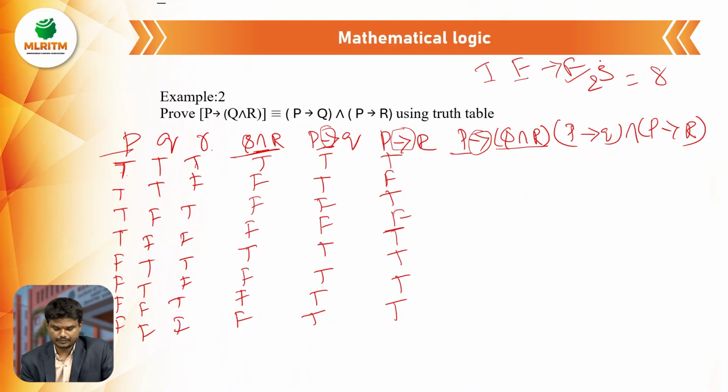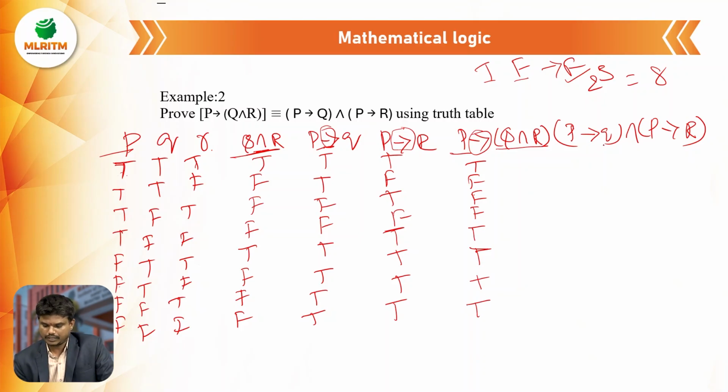The remaining cases are true. So we get true, false, false, false, true, true, true, true.